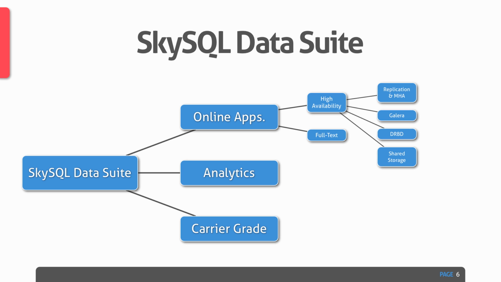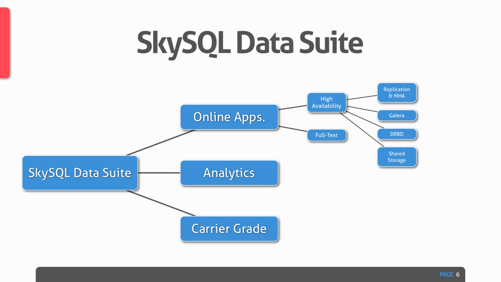But the Data Suite itself is specifically designed to fulfill three main objectives. The one that you see on top is for online applications. Of course, we then have extra features that we can use or disable if we don't need them, related to high availability and to the use of full text indexing for these applications.